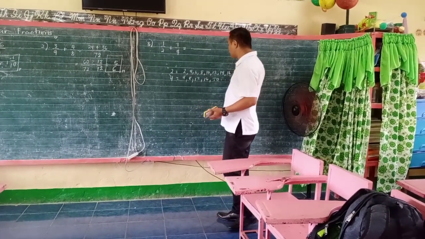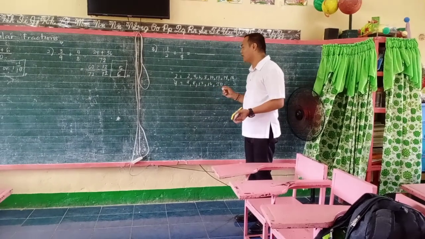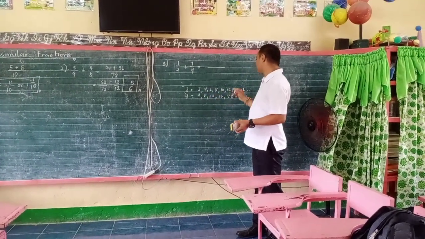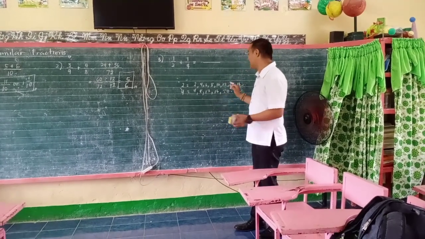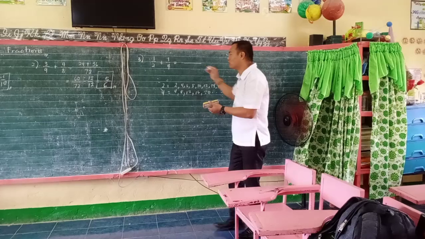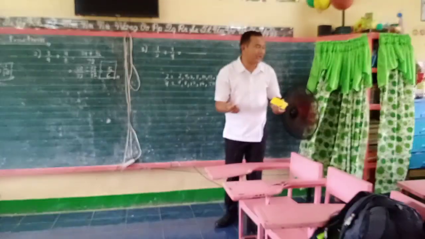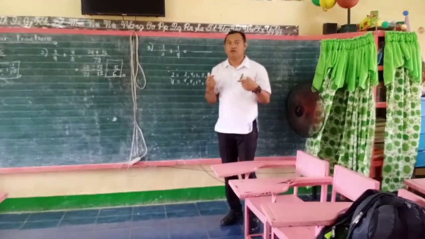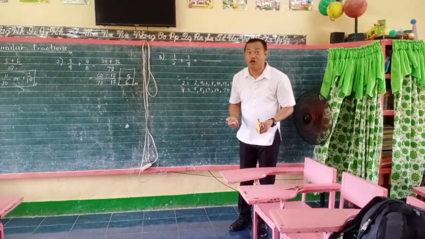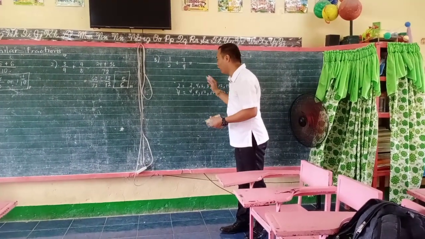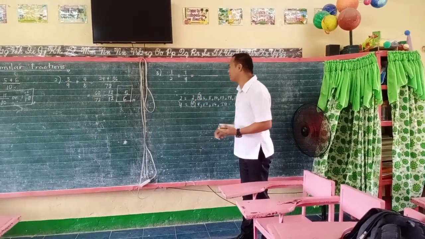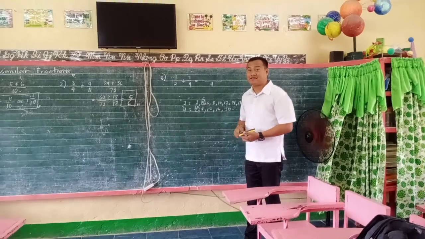So we have common multiples of 2 and 4 already. We have 4, 8, 12, 16. As we go along, we can find more common multiples of both 2 and 4. But in LCM, we usually get the least common multiple, the lowest common multiple of both 2 and 4. And that is 4. Therefore, we consider 4 as the LCD.